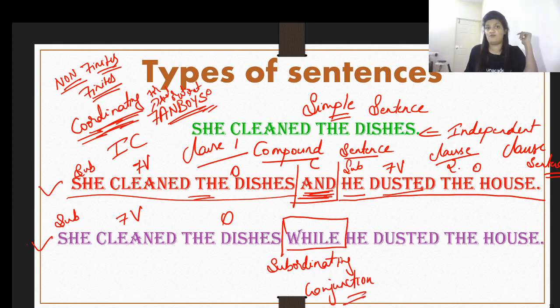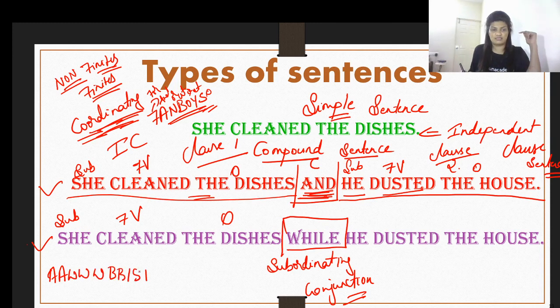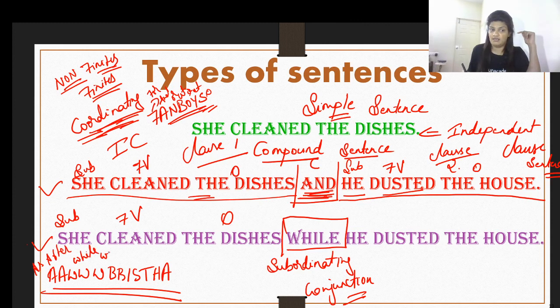What are subordinating conjunctions? What is the acronym that I gave you yesterday for subordinating conjunctions? The acronym was AUBISTA, where A is for as, and then after, while, when, or what, all the WH words, and then before, because, if, since, though, or that, or therefore, however, although.